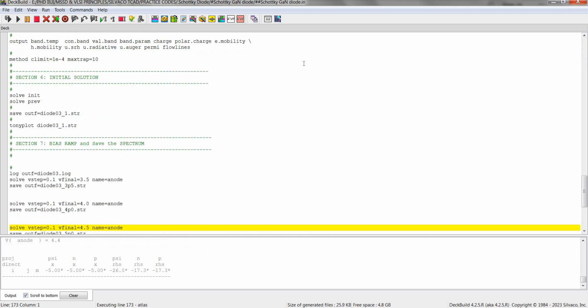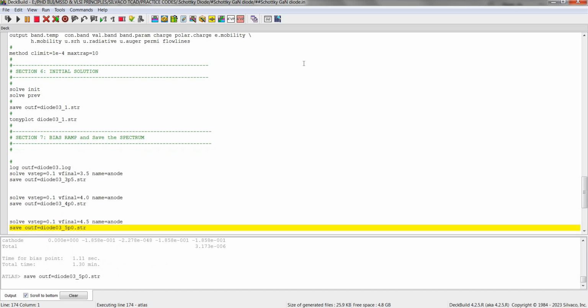Let the code finish running so that I don't have to scroll up time and time again.